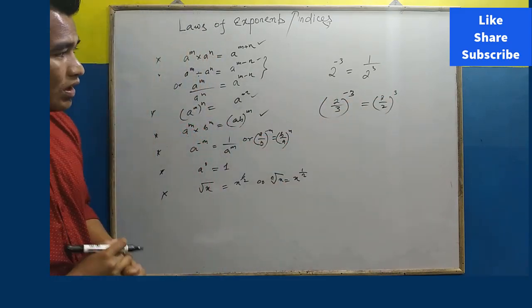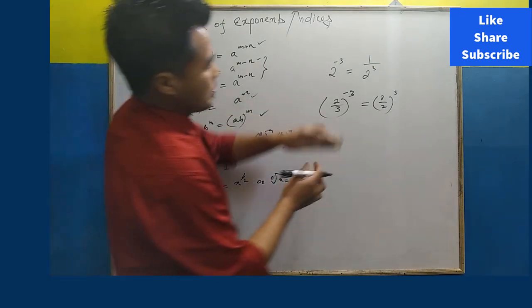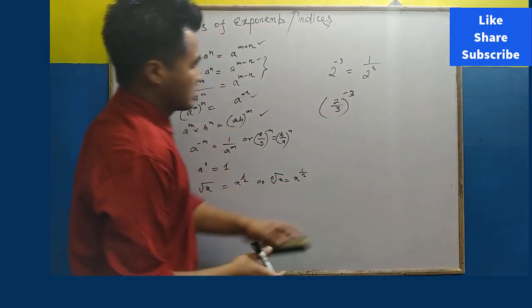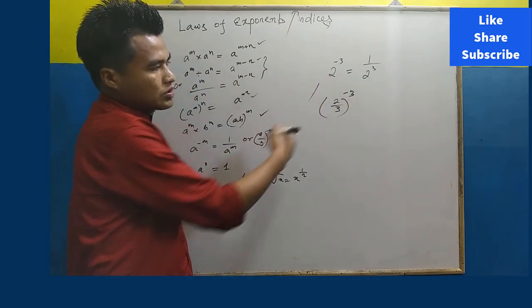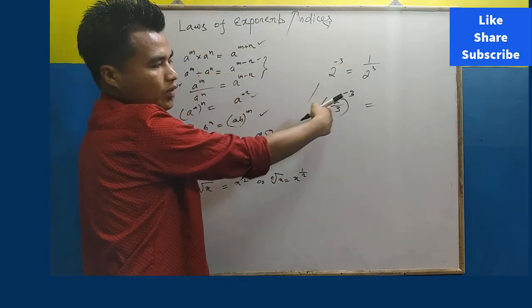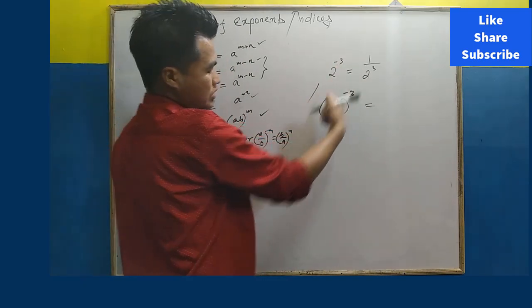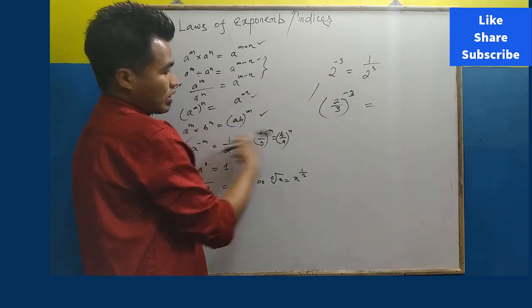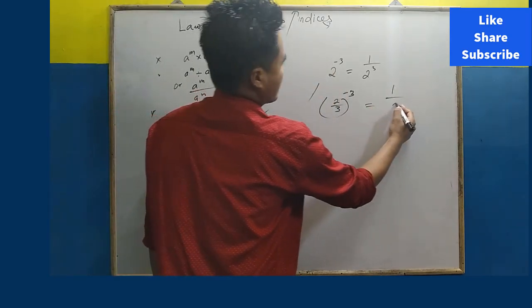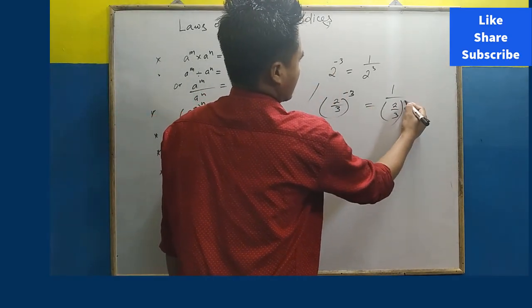Or, if you want to use the other law, whenever you take the reciprocal, it is always positive. So take the reciprocal: it will be 1 by 2 by 3 to the power 3.